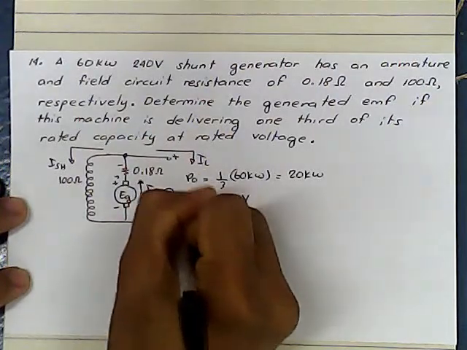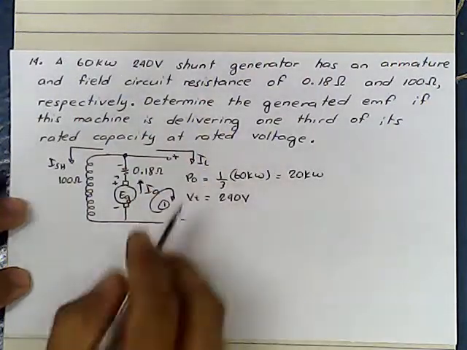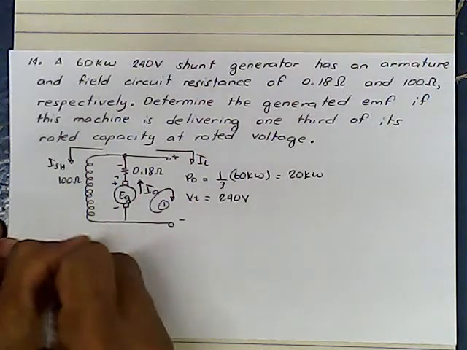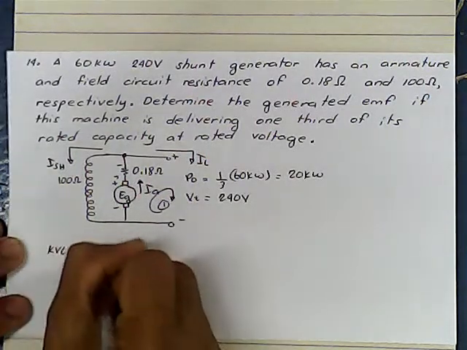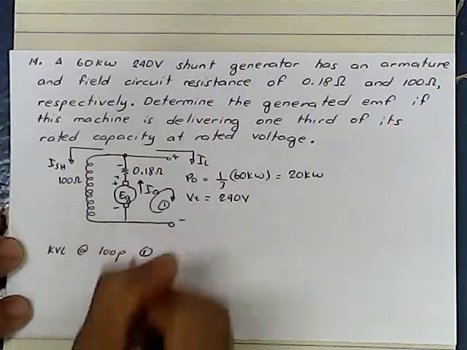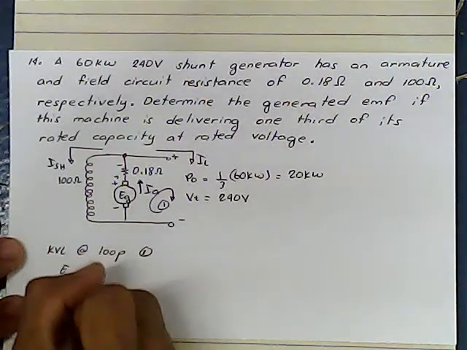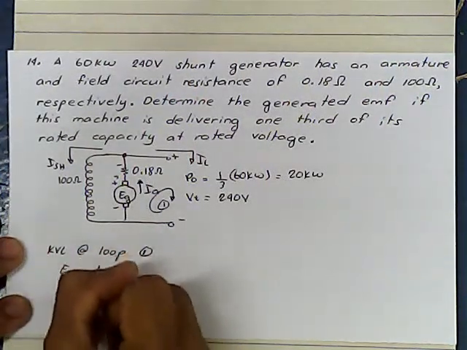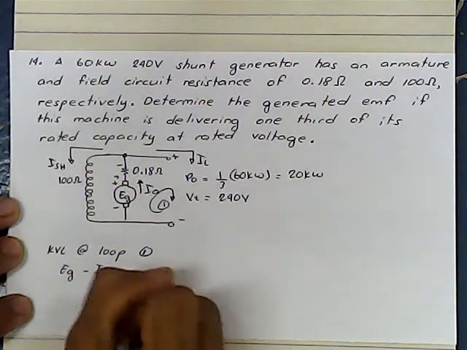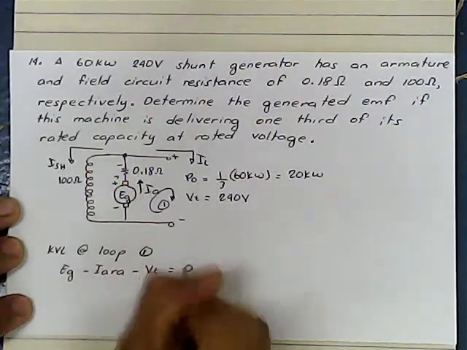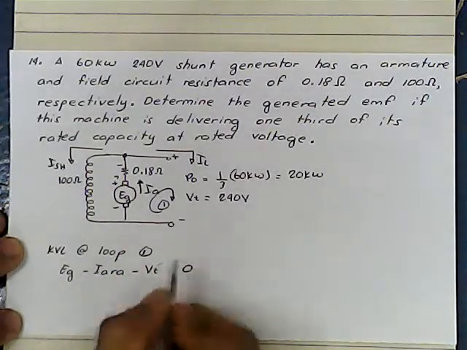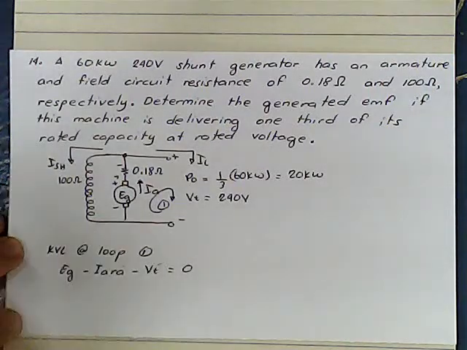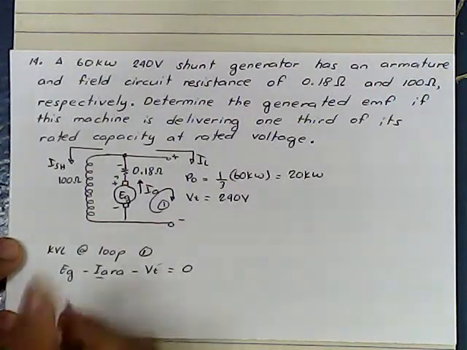Again, in order to determine the generated EMF, we have KVL at loop number 1. Okay, that is again EG minus, so for sure, kabisado na po natin ngayon yung ating equation. Okay, again, given yung VT, given yung RA, hahanapin natin yung IA.